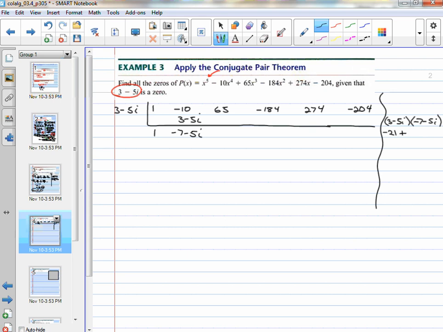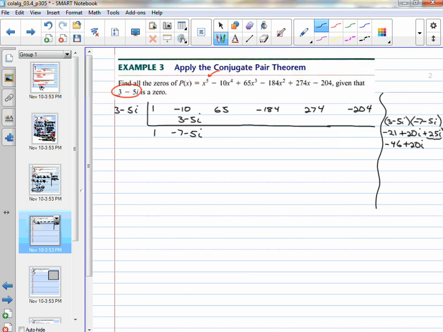Plus 20i. And my last terms, I have plus 25i squared. Since i squared is a negative 1, that number on the end is really negative 25. So what's negative 21 minus 25? Negative 46 plus 20i. So there's my answer.